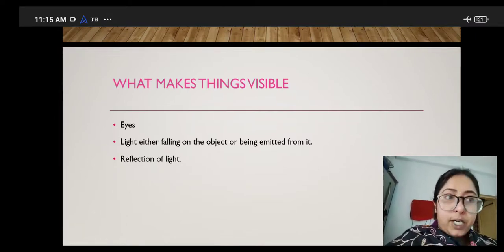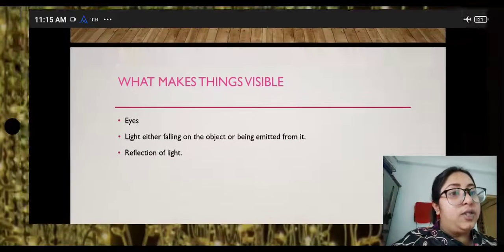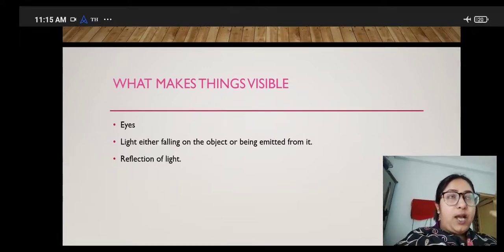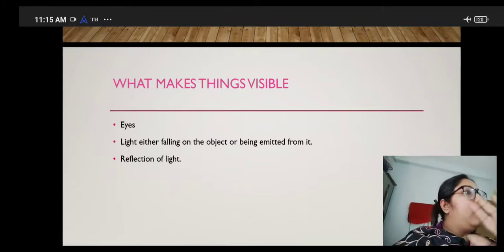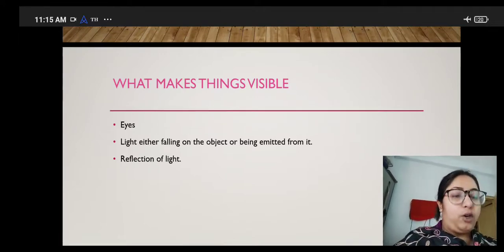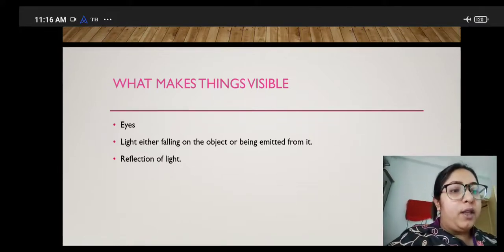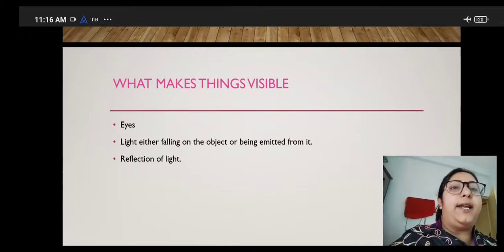So first of all, eyes are really an important factor for us to see anything. Next is light, which falls on a subject, on a thing. Suppose there is a completely dark room and you have a torch in your hand and some object in front of you, say a book. We switch on the torch and focus the light on the book.